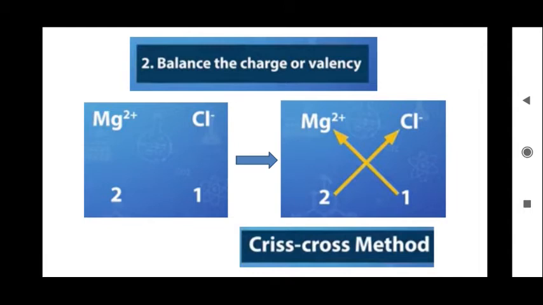Don't think about positive and negative, just ignore it. I have told you in the ion topic how you get a positive charge and how you get a negative charge. So ignore that positive, negative, cation and anion. We just write the numbers. So magnesium valency is 2 and chlorine valency is 1. Write it below that symbol.